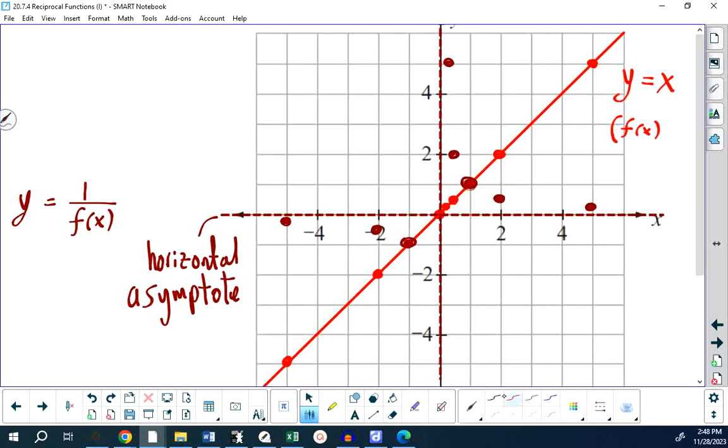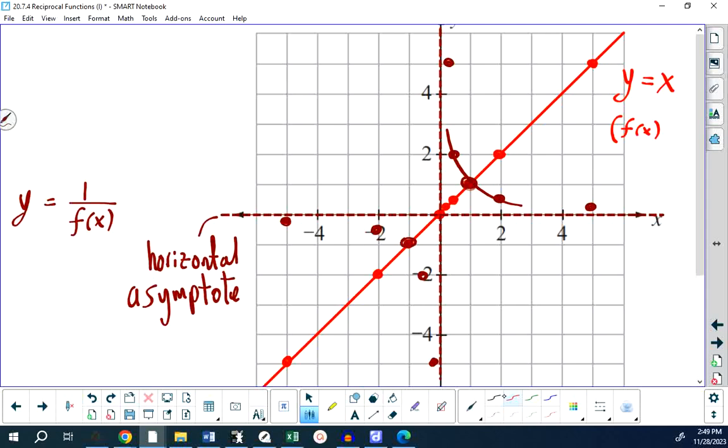And we can put in some points on the other side. When x is negative 1/2, the reciprocal is negative 2. When x is negative 1/5, the reciprocal is negative 5. And we have to draw this. Now, I would recommend when you draw this, limiting your drawing to this. I wouldn't attempt to draw out to the 5s.